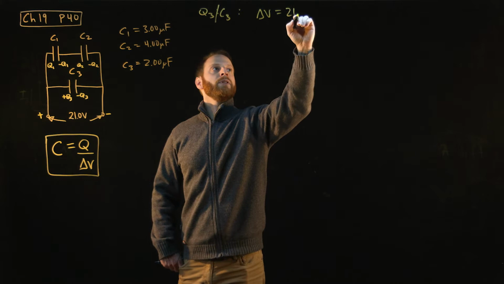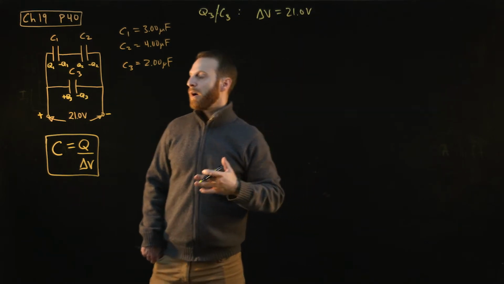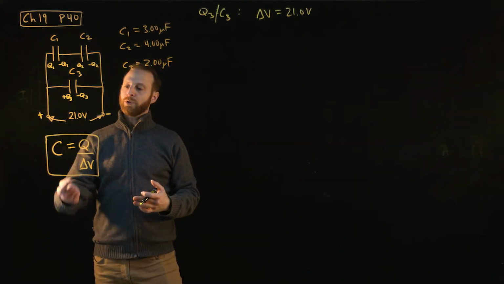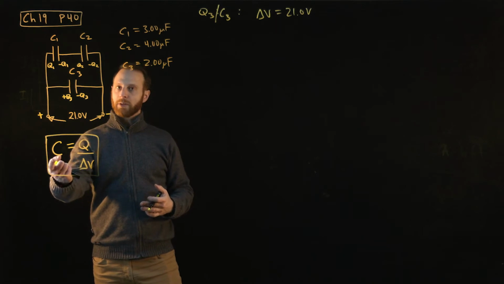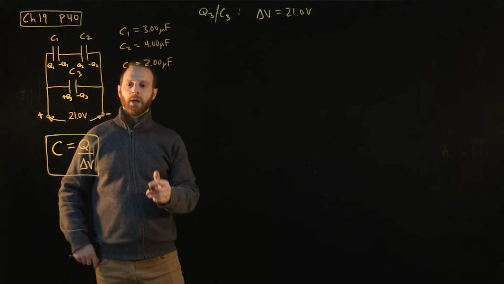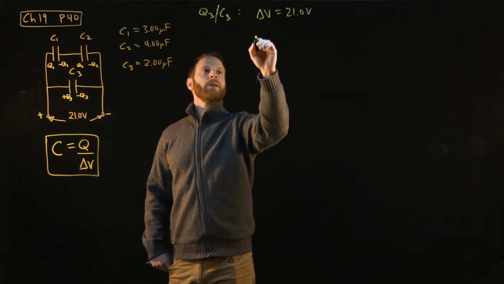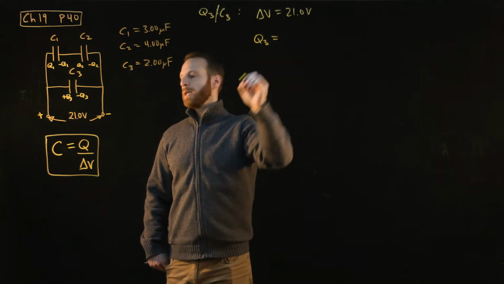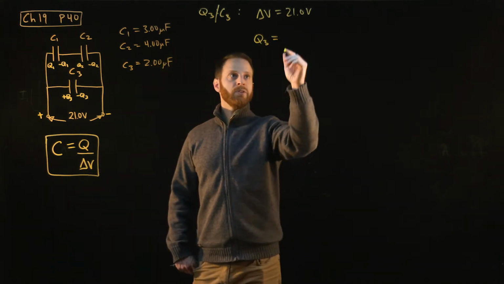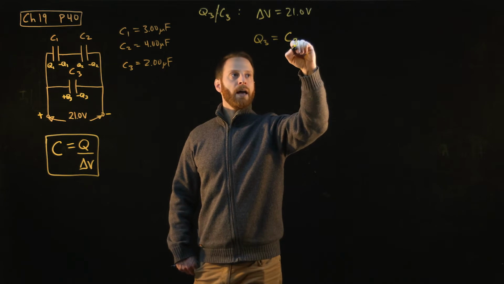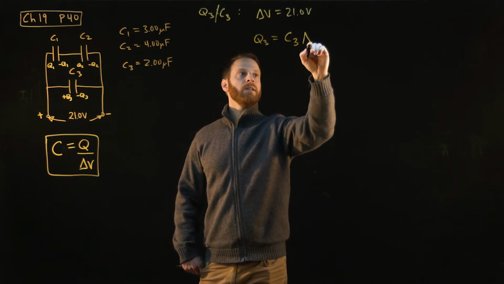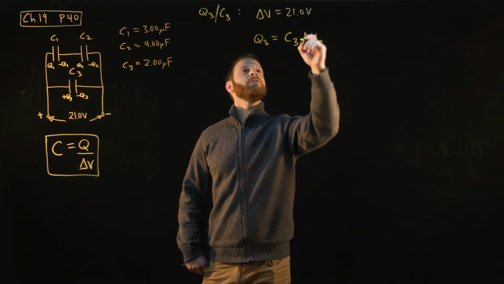So that's simply the answer for that. To find the charge, all we would need to do is use this equation. We know the capacitance, we know the voltage, and so we can write that the charge Q3 is C times delta V. The C is the capacitance of that capacitor, and the delta V, I'll put delta V3.